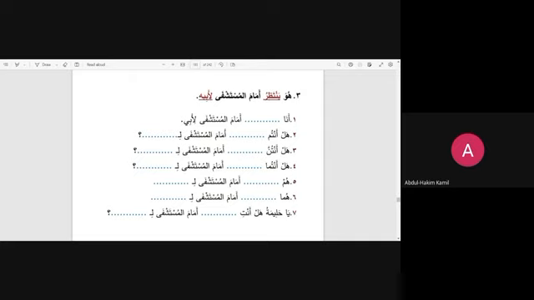طيب هل أنتما تنتظران أمام المستشفى لأبيكما.